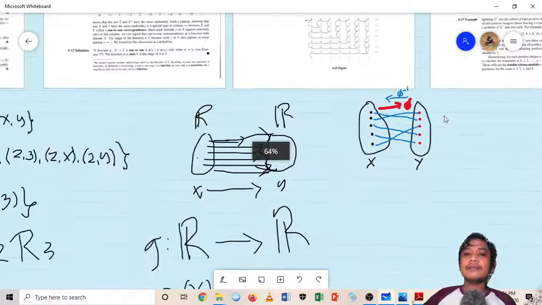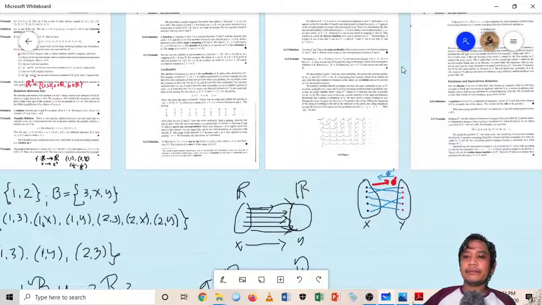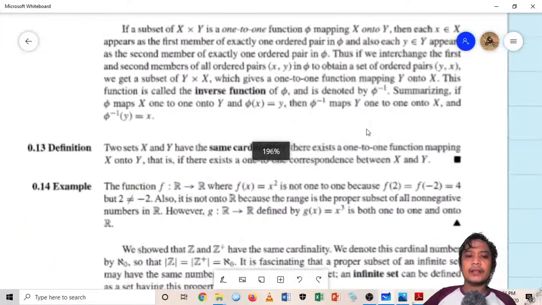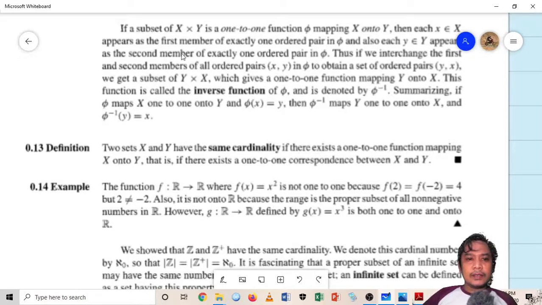Okay, so we define formally as follows. If a subset of X cross Y is a one-to-one function phi mapping X onto Y, then each element x in capital X appears as the first member of exactly one ordered pair in phi, and also each element y in capital Y appears as the second member of exactly one ordered pair in phi.